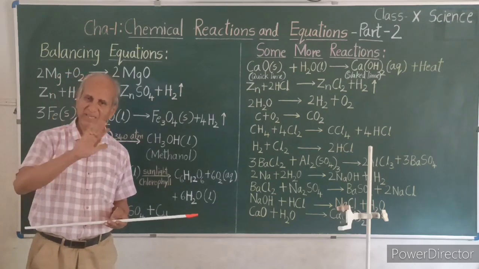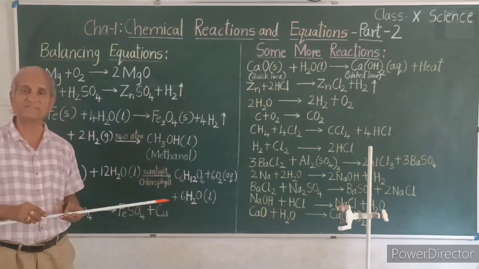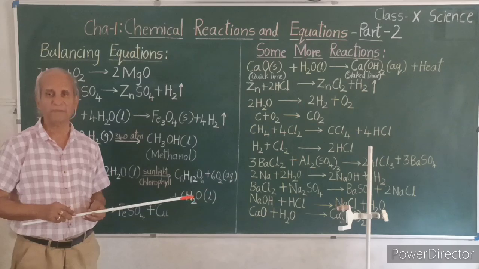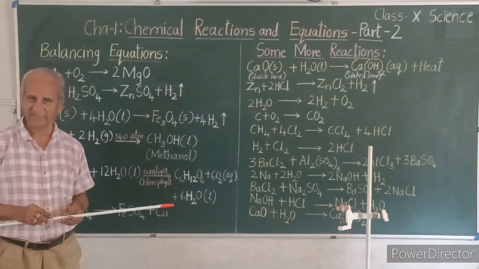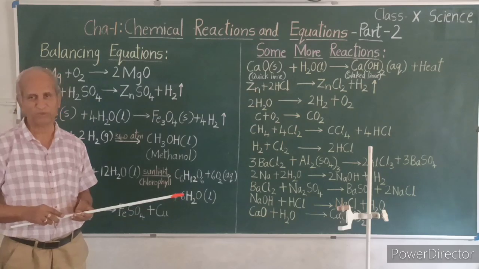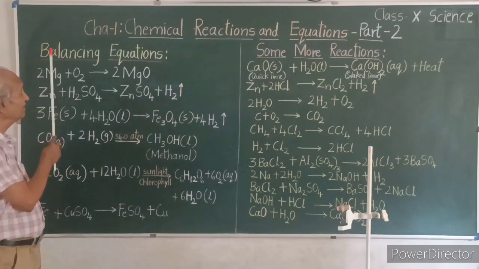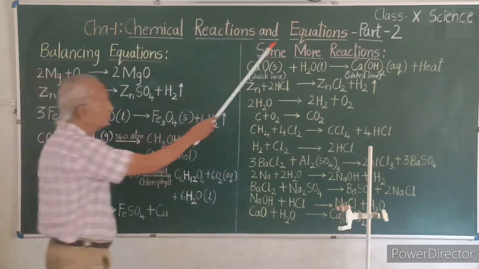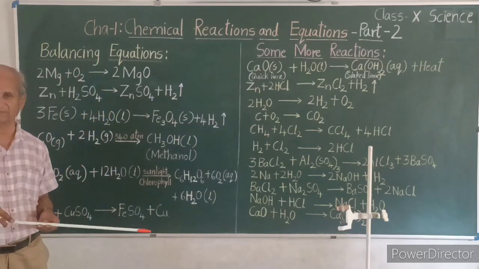Yesterday we got a fairly good idea as to what these chemical reactions are and how they result in chemical changes. Today, let us try to study more about this. Mainly today we will deal with chemical equations, writing them down.